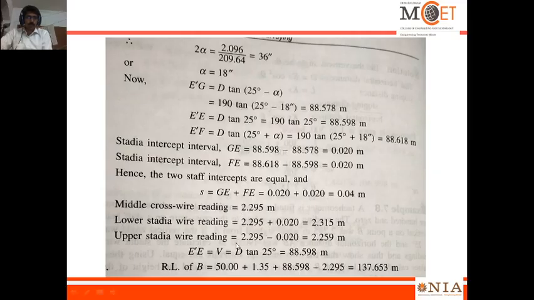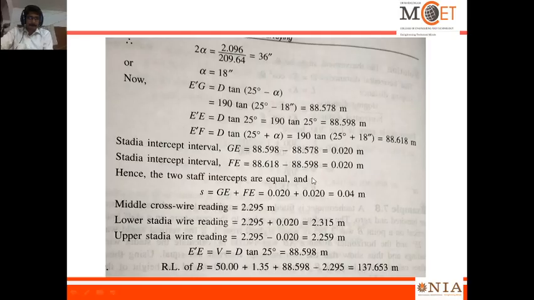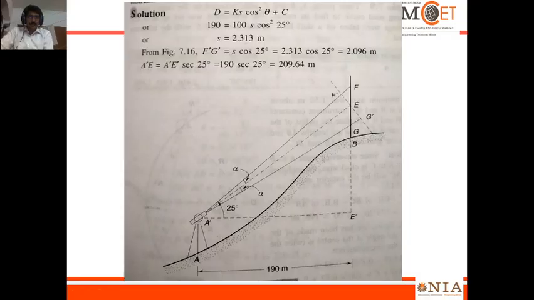How is it 2.295? It has the logic, the V you have calculated, so from that you can directly put that middle reading.